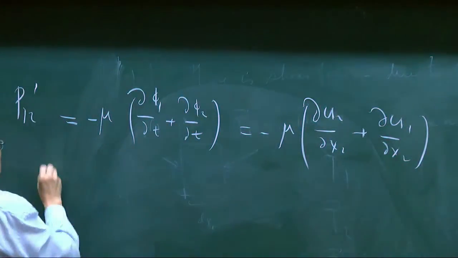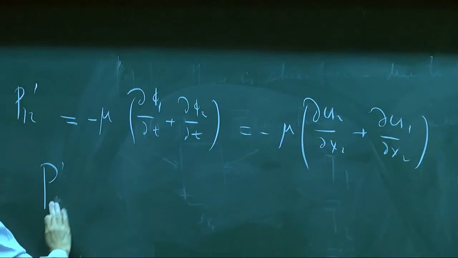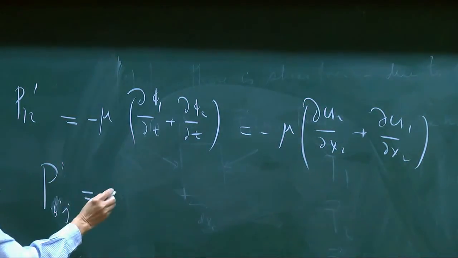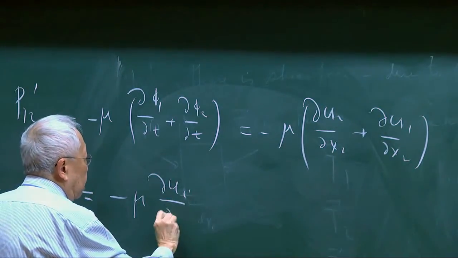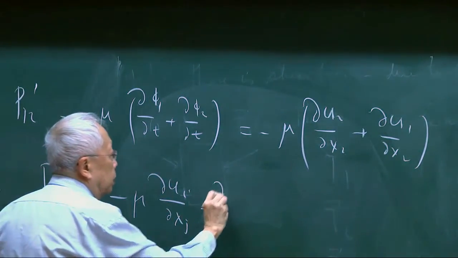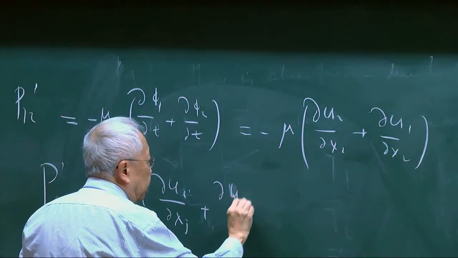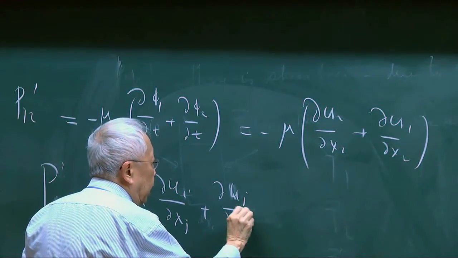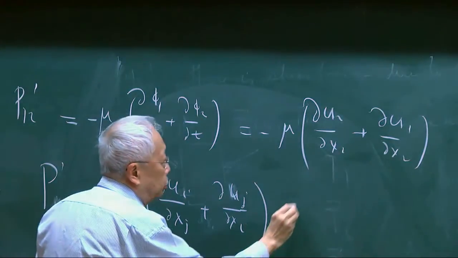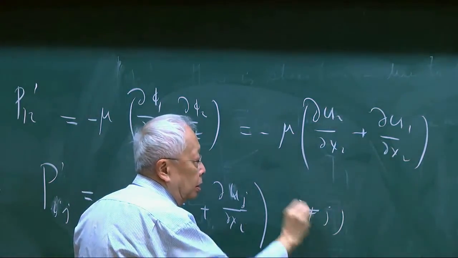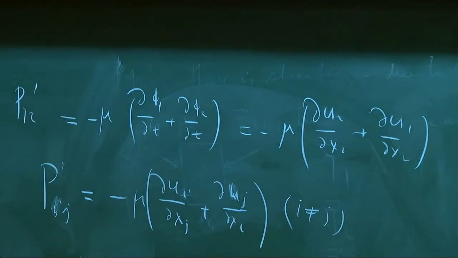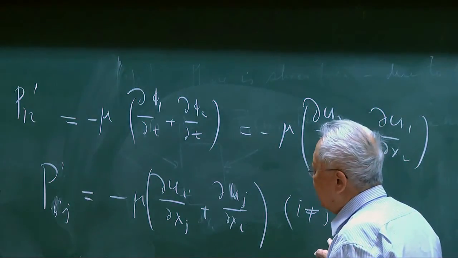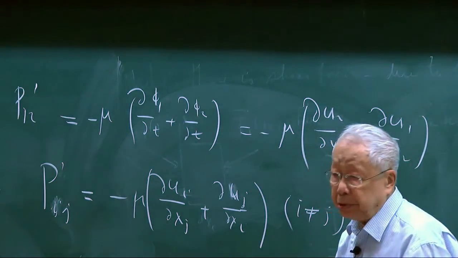Therefore, in general, I can generalize this as minus mu times dui by dxj plus duj by dxi. And this is true if i is not equal to j. When i is equal to j, you have to fix it so that the trace of this tensor is 0.